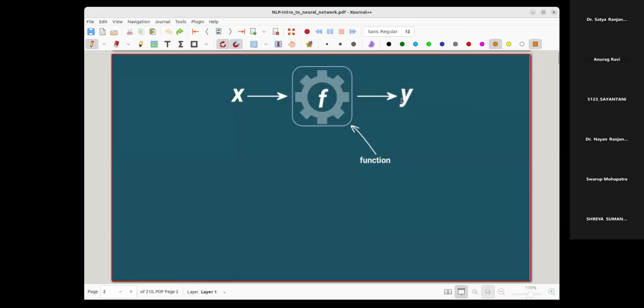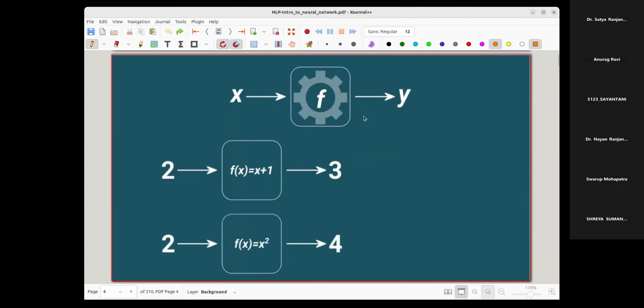The function can take one input. Let's say the function just adds one: you give the input 2 and it transforms that input by adding 1. Or the function can be the square of the input. So a function is a kind of machine which takes an input, transforms it by some transformation like adding or squaring, and produces an output.